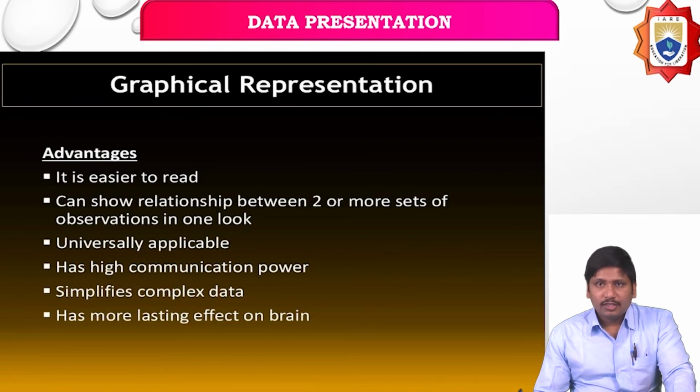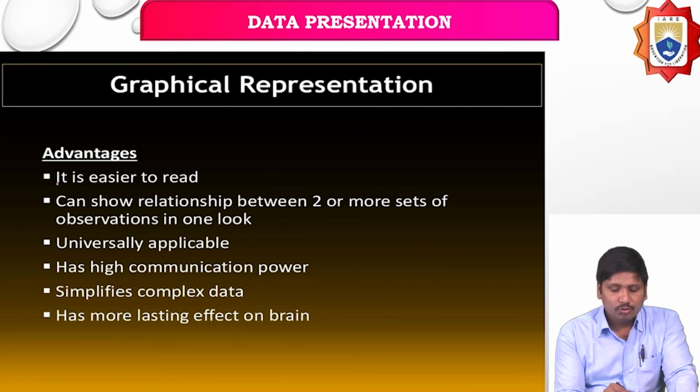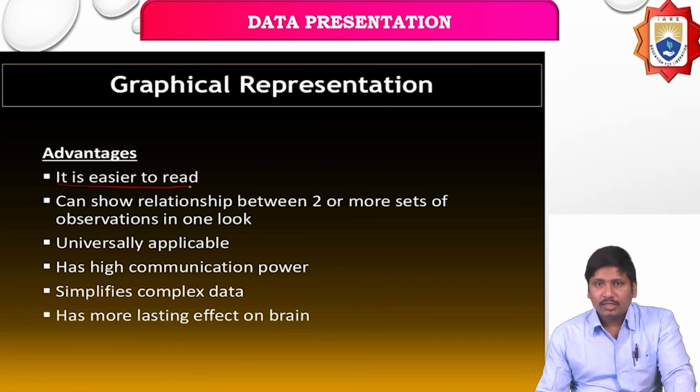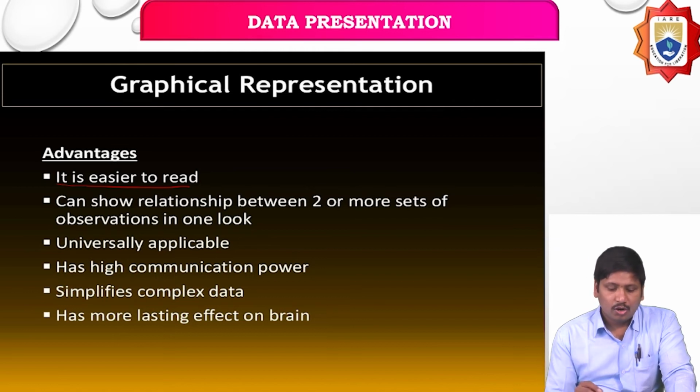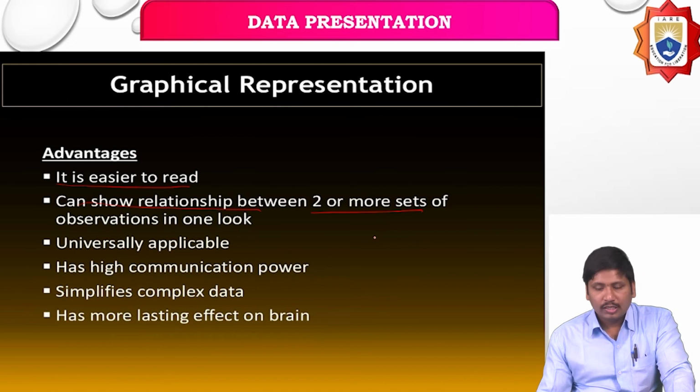Let's see the advantages of this graphical representation. In the previous slide I discussed the advantages of tabulation, right? In similar fashion, let me explain the advantages of graphical representation. It is easier to read, and we can show the relationship between two or more sets of observations in one look.